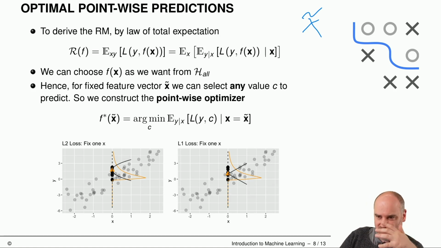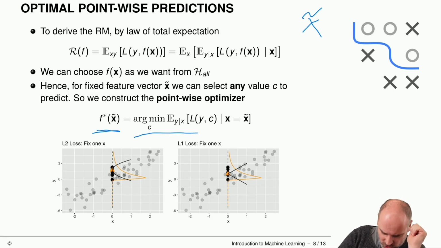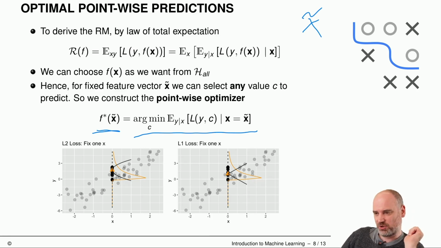So for a fixed feature vector x tilde, we will now define the output of our population minimizer, some function f star, as the solution to this conditional loss minimization problem.